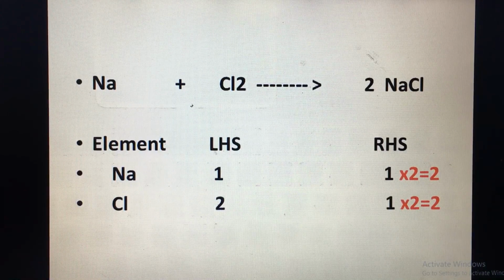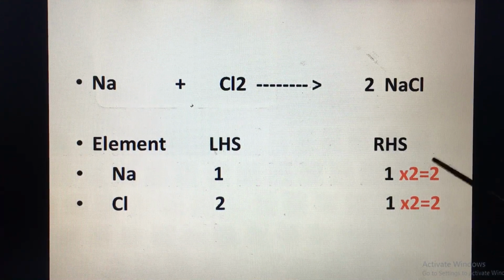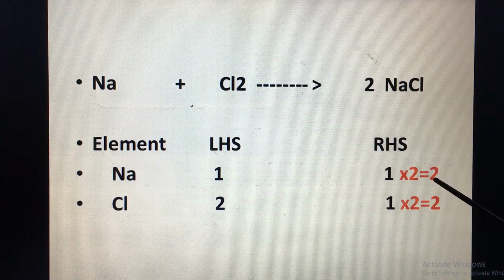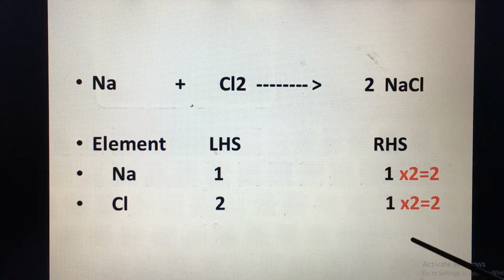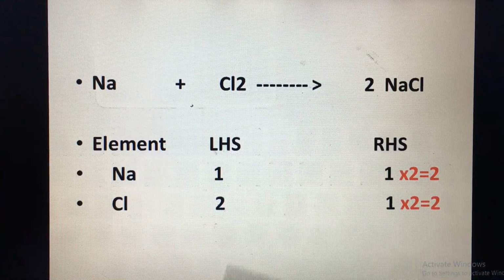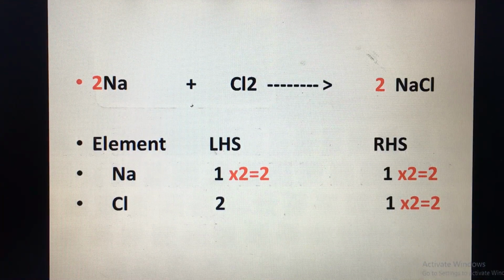It has 2 on the left hand side, so chlorine gets balanced now. But we disturb the sodium atom. Sodium becomes 2 now. But don't worry, I am going to multiply the sodium by 2. And the sodium also gets balanced. Now you can see this equation is balanced.